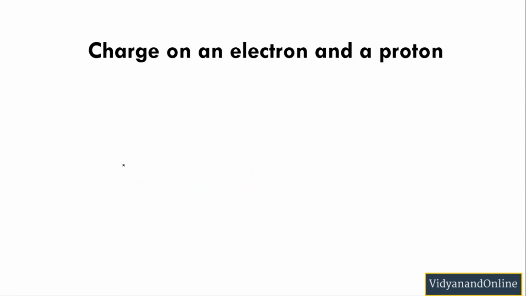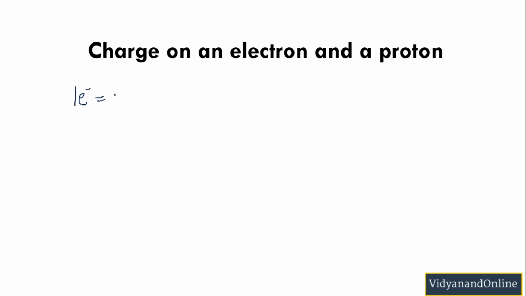Now the very important topic, what is the charge on an electron and a proton? So is the charge on an electron 1 Coulomb? No, 1 Coulomb is actually a very high charge when you compare it with the charge on 1 electron or 1 proton.